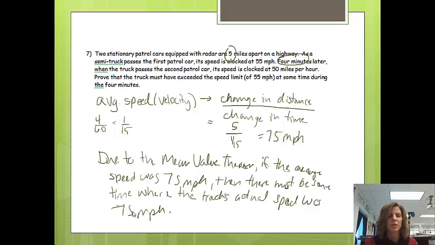So the truck would be busted based on calculus alone. And hopefully now you know how to use the mean value theorem on an interval.